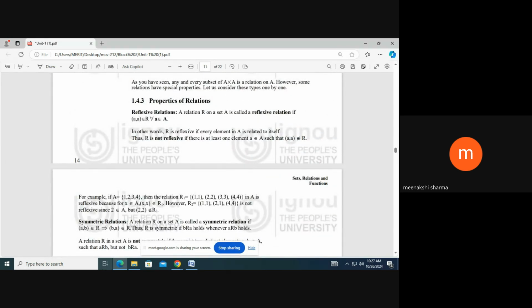And there are properties of relations, and there is the reflexive relation.